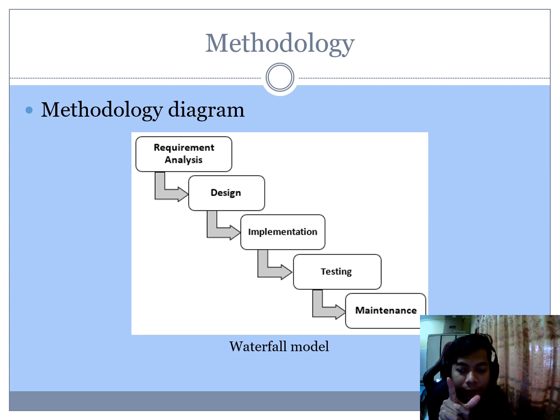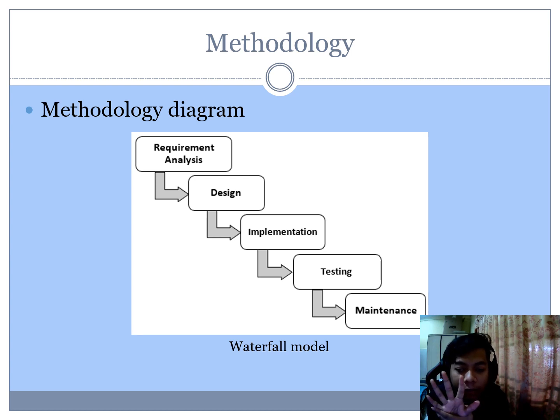The second phase is design, where the expected outcome is created and sketched for the project. The third phase is implementation, where the developers start the development process, and the next phase is testing, where the developer needs to test the project before presenting it to the customer.